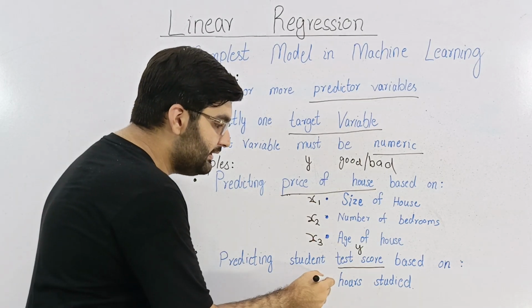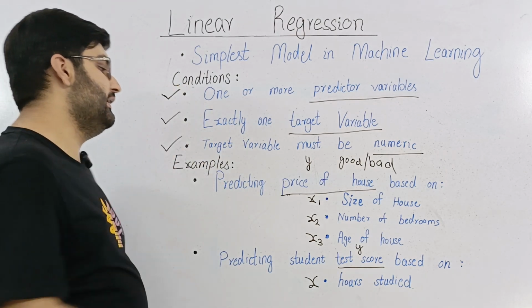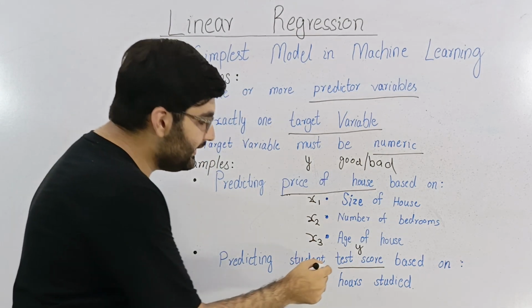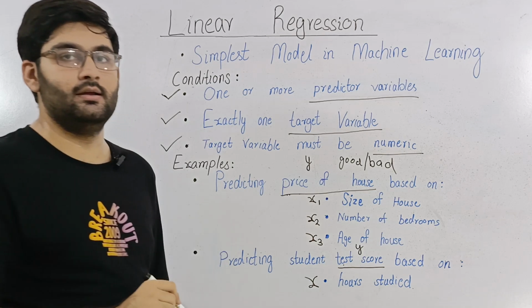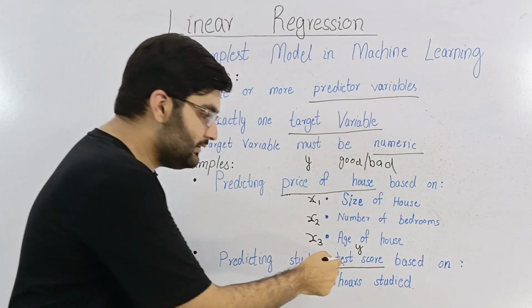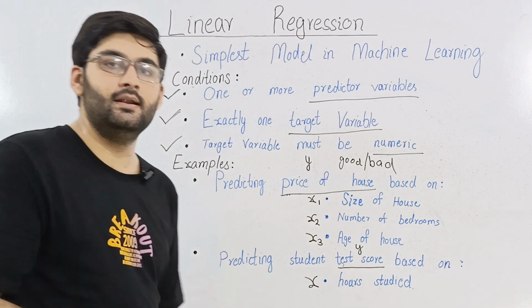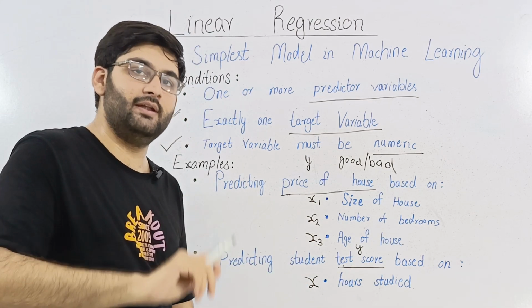There is one predictor variable. So this condition is again satisfied. There is exactly one target variable. So this condition is also satisfied. And the target variable is the student's test score. Test score is a numeric variable.